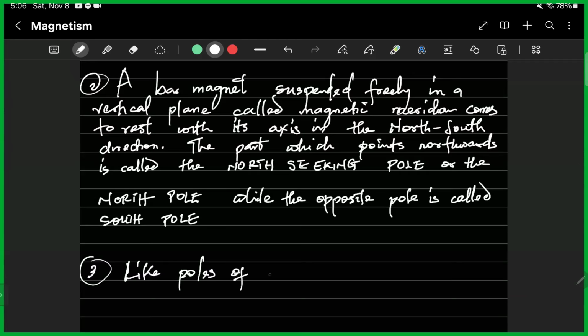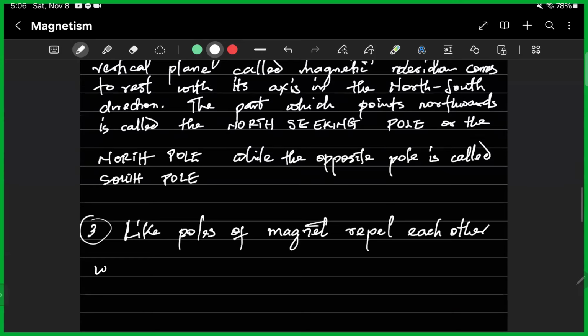Like poles of magnets repel, just like in the case of electric charges. Unlike poles attract each other.